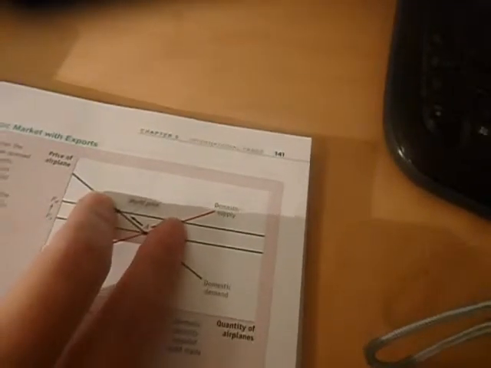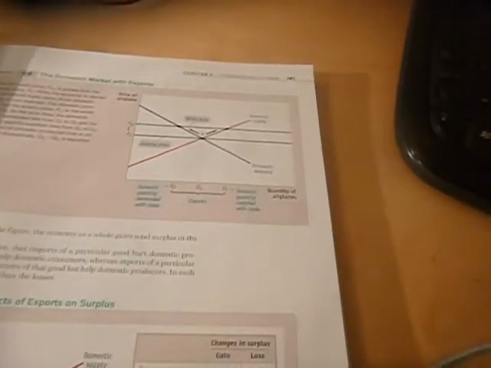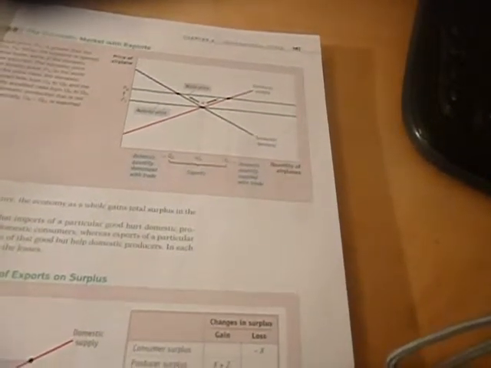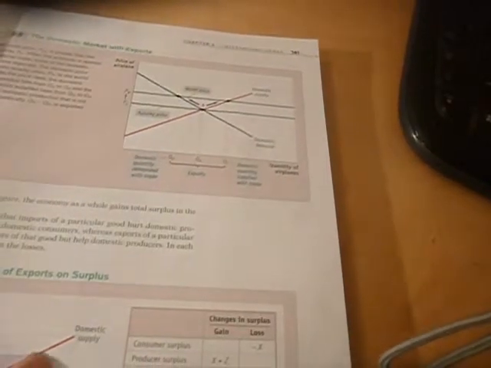The gap is filled by these exports, right? And in this regard, the suppliers gain more surplus, and the net change of the surplus will be this triangle Z. So as we can tell, both imports and exports increase the surplus, which may be a good thing, right?